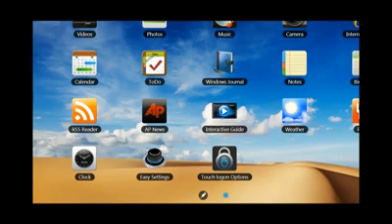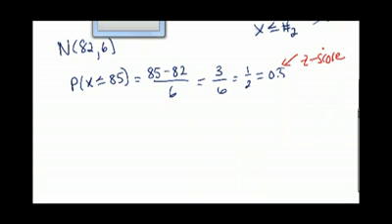So let's see. We will plug into the formula z equals x minus mu over sigma. We got a z-score of 0.5, and the proportion below, we looked it up on the table, was 0.6915.